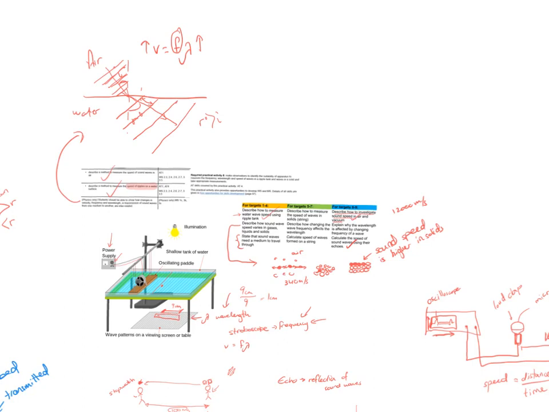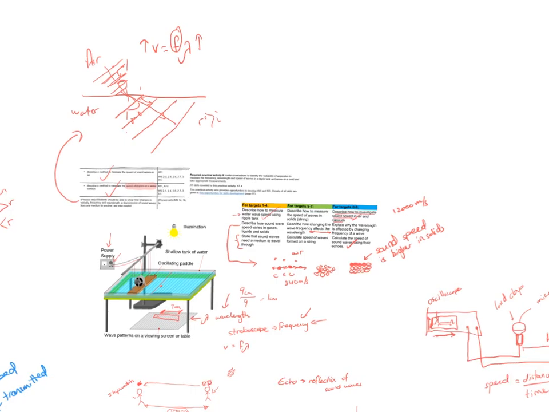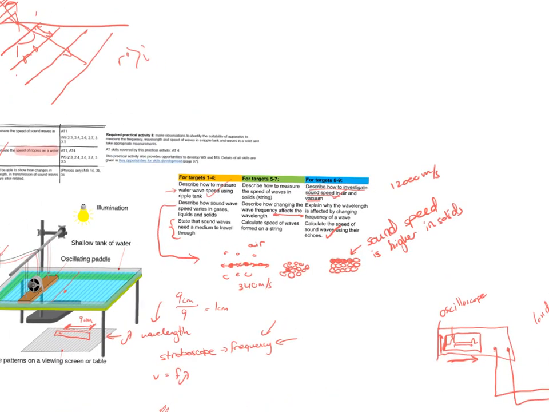Some parts that we didn't go through explicitly, I did mention them, are these two. So describe how changing the wave frequency affects the wavelength. Now, this actually applies to us having a fixed speed and just simply altering the frequency. So in the case of a ripple tank, for the same depth of water, I will only be able to have one speed.